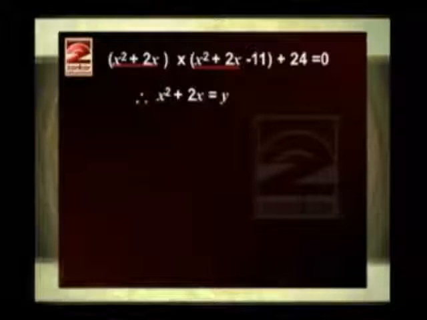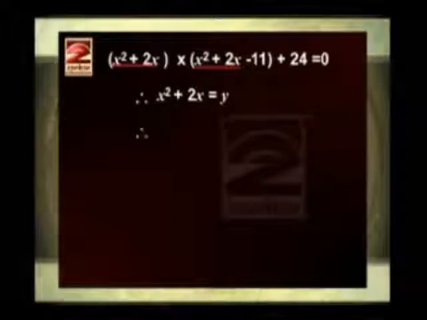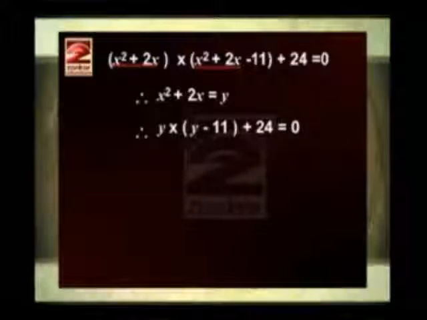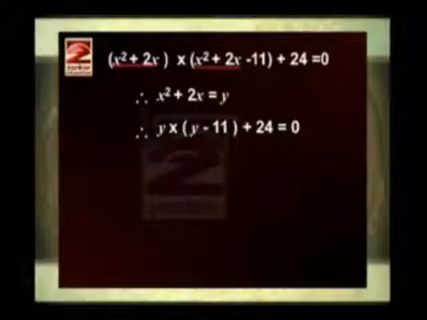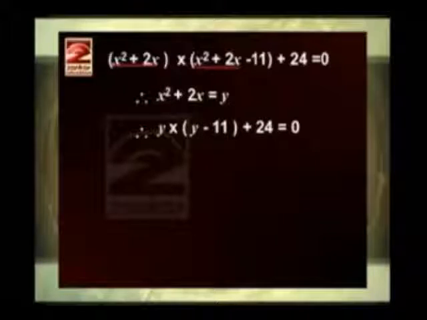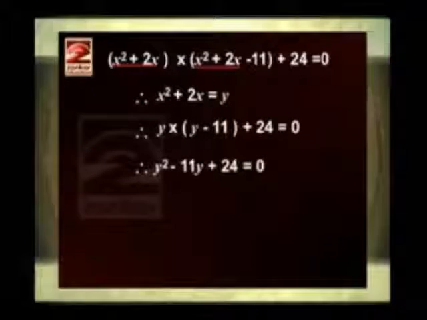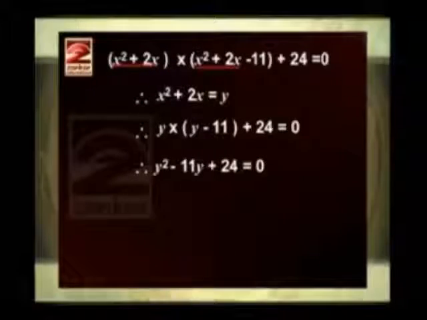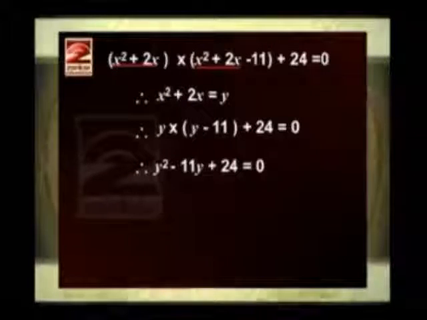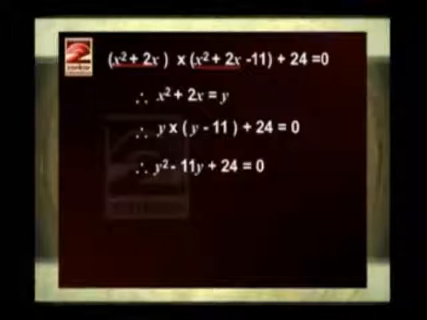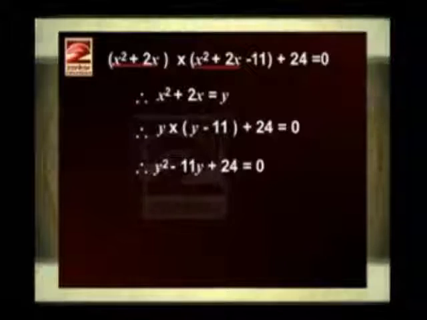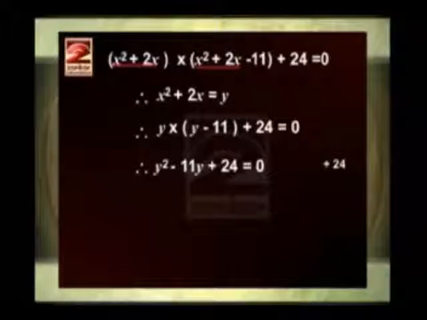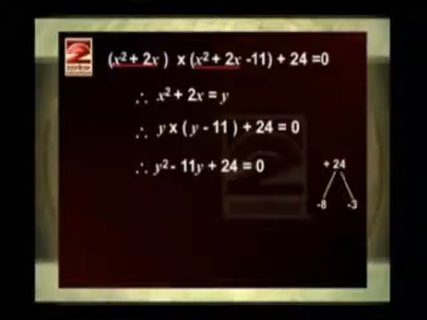In the first and second bracket, x square plus 2x is the common term. So let x square plus 2x is equal to y. Therefore, y into bracket y minus 11 plus 24 is equal to 0. Therefore, y square minus 11y plus 24 is equal to 0. Now by splitting the middle term, we get the factors of plus 24 are minus 8 and minus 3.